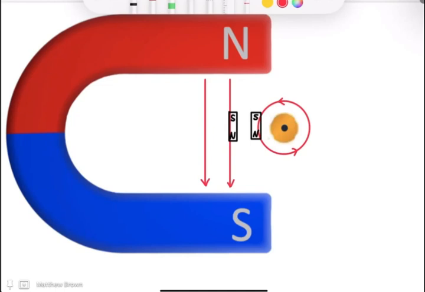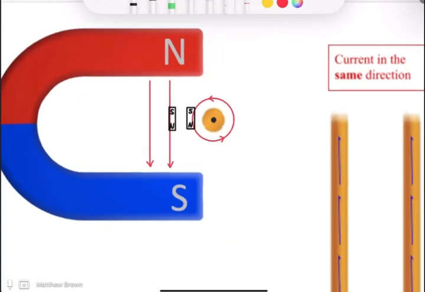Should they try to get closer together, or move farther away from each other? Yeah, absolutely, they want to move apart. This is like I'm trying to push the south end to the south end and the north end to the north end. These don't want to be together at all, and so as a result, I get a force on this wire in that direction, right?